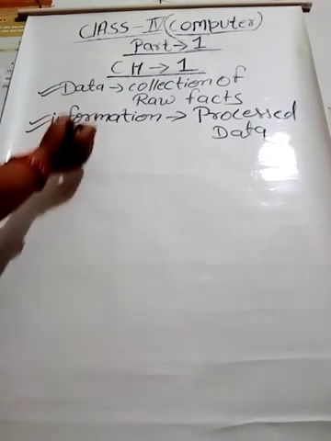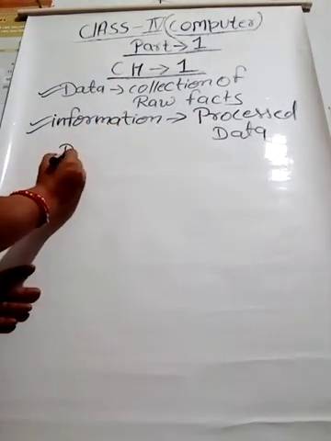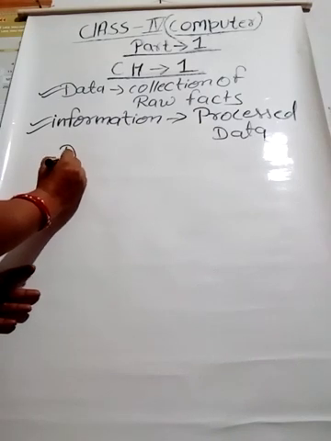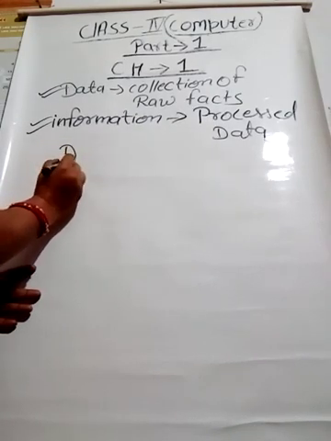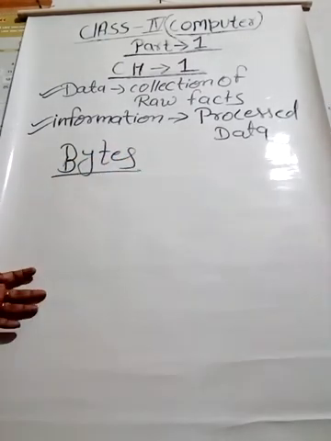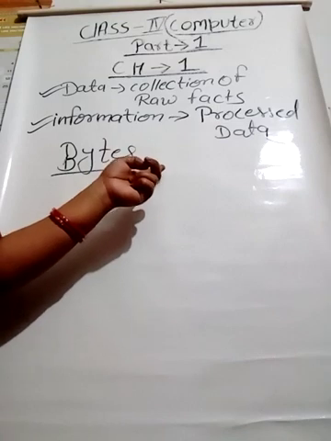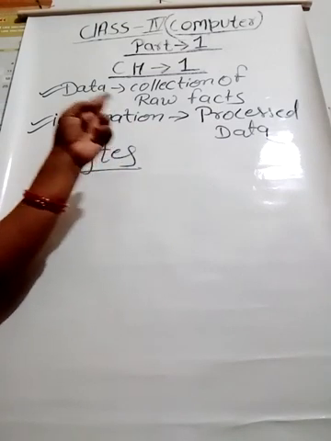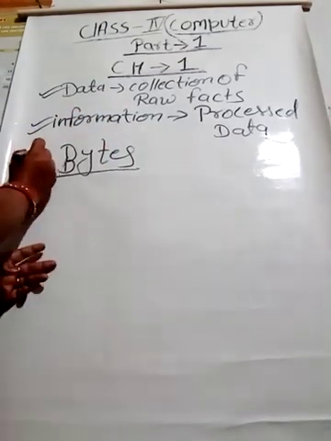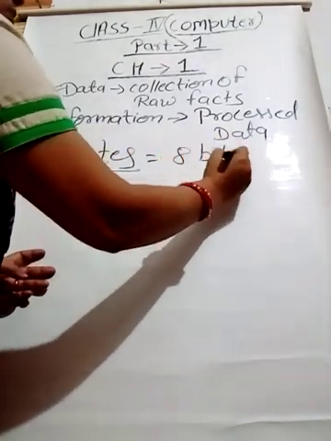The storage capacity of a computer in storage devices is measured in bytes. A group of 8 bits is called a byte. 1 byte is equal to 8 bits.